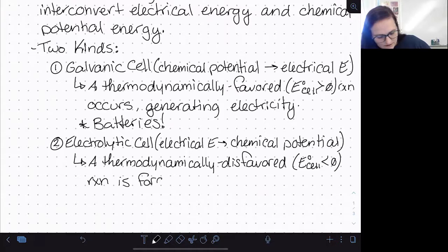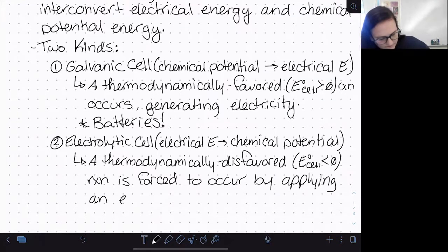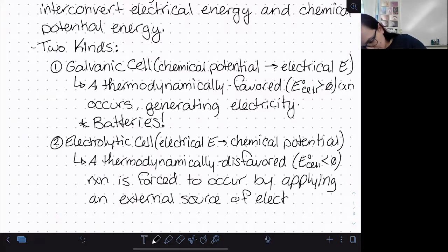So since it is disfavored, it doesn't occur spontaneously on its own, but we make it happen anyways by applying an external source of electrical energy. So this is akin to recharging a battery.